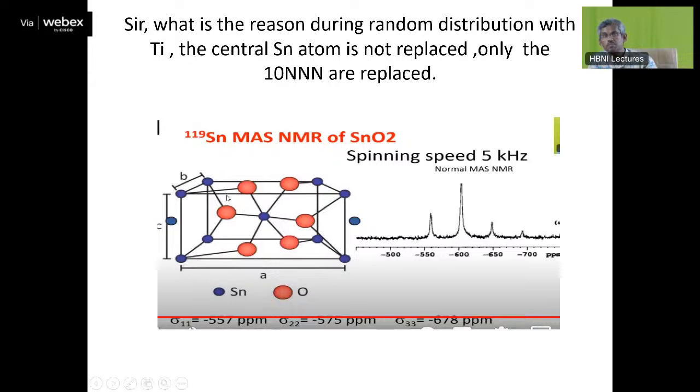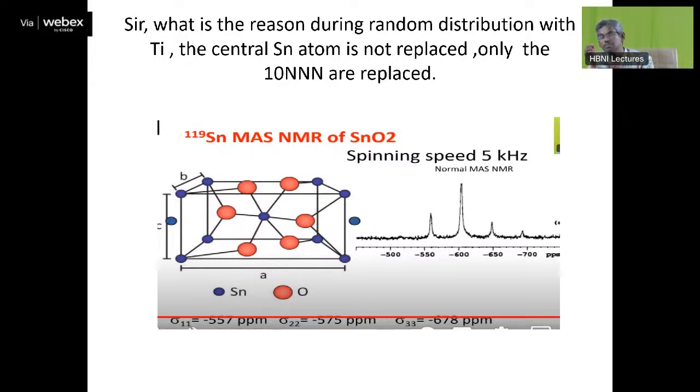At some point, the corner atom can become the central atom and the central atom can become the corner atom, and vice versa. So due to this translational symmetry, it is necessary to take either the central atom or the corner atom, because crystallographically these positions are the same. If you take a corner atom, it is equivalent to taking a central atom, and vice versa.